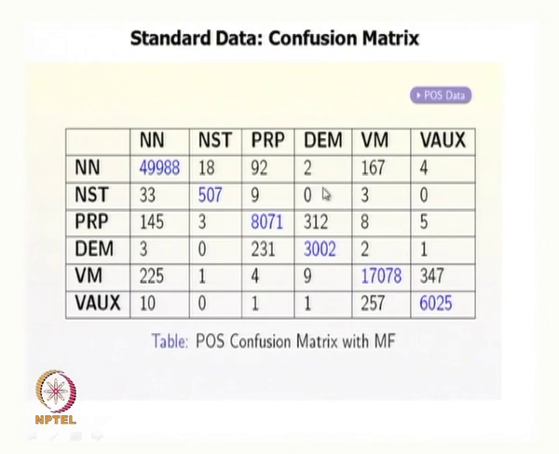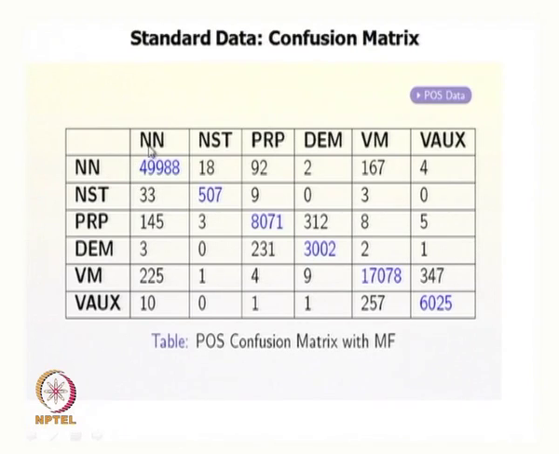Another very useful data structure or information is this confusion matrix. Here we show the confusion matrix structure. Essentially, the idea is we take a two-dimensional table, we place all the tags on the columns and repeat them on the rows. The meaning of this structure is as follows.